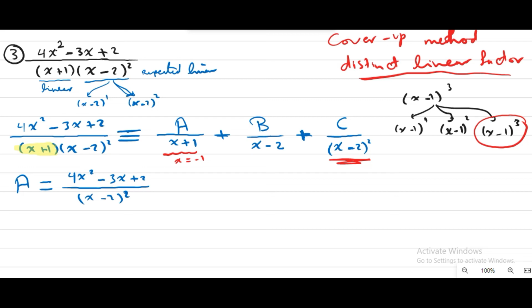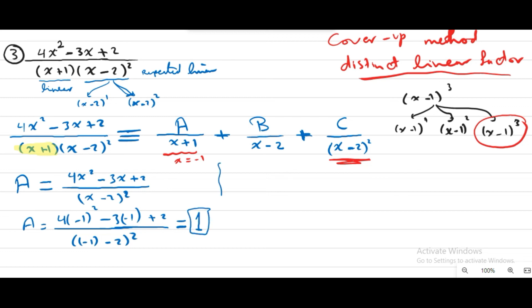So we put negative 1, A equals, and you have to put this value between brackets, 4 multiply negative 1 squared minus 3 multiply negative 1 plus 2 over negative 1 minus 2 all to the power of 2. A equals 1.